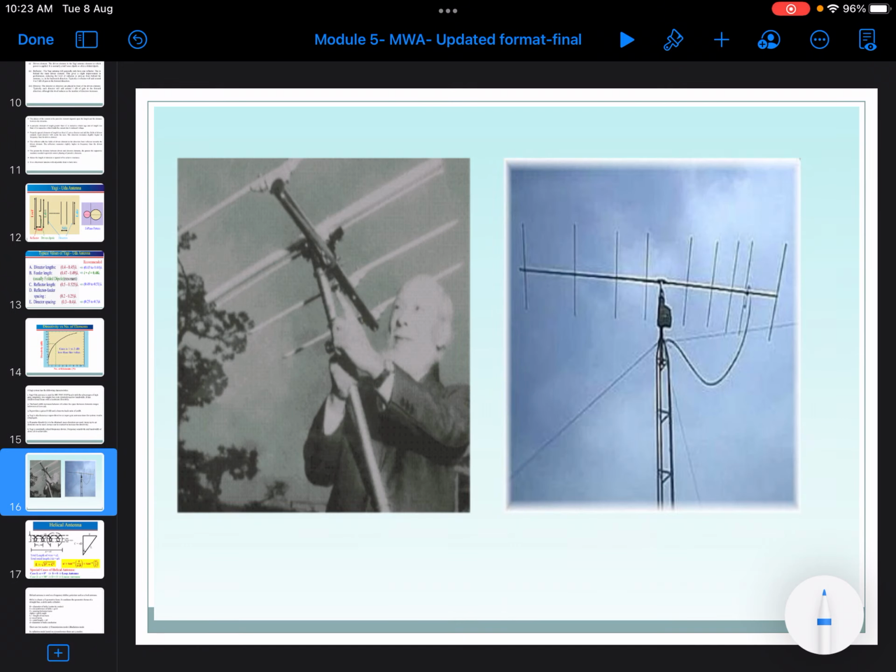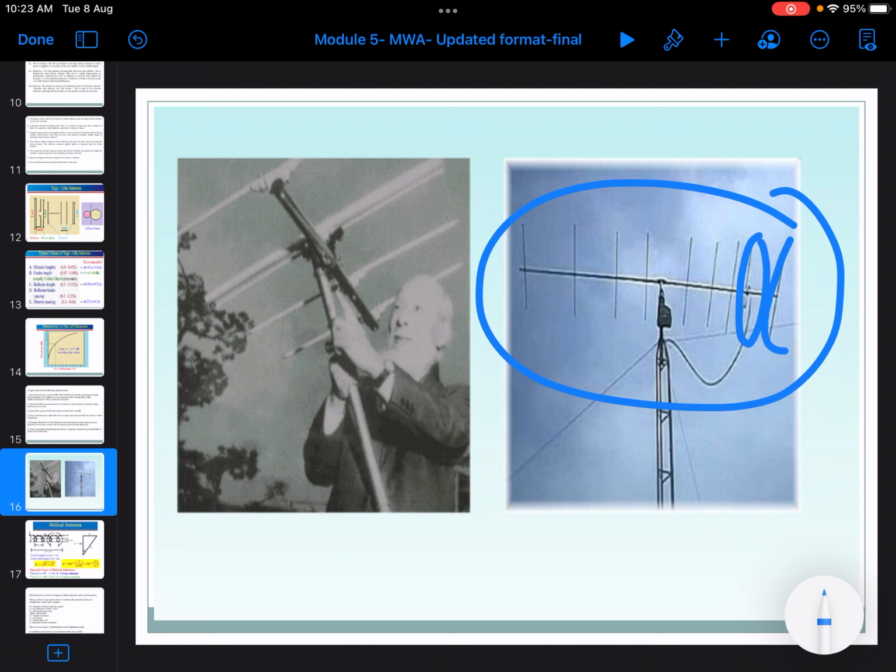This is a diagram representing the Yagi antenna. One can notice this is the driven element and this is the reflector, and all these are directors. It is mainly used as a TV receiving antenna. Earlier days we were making use of this type.